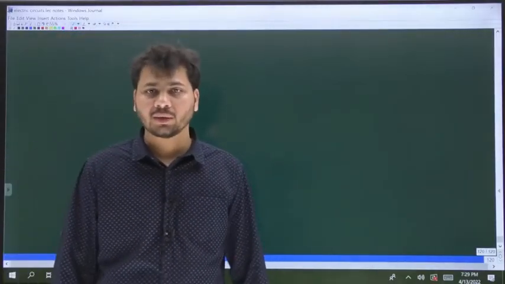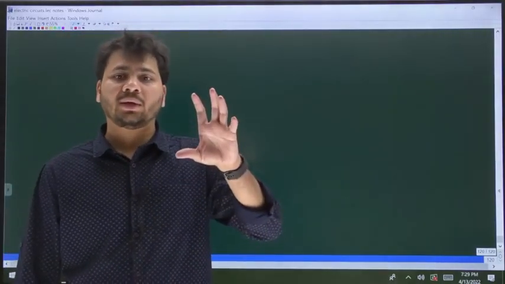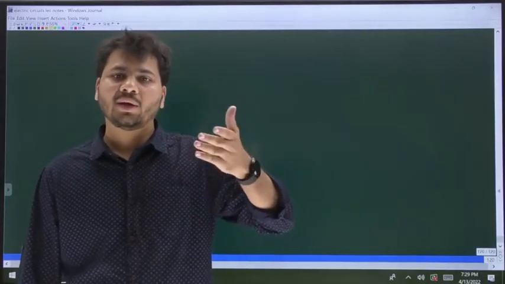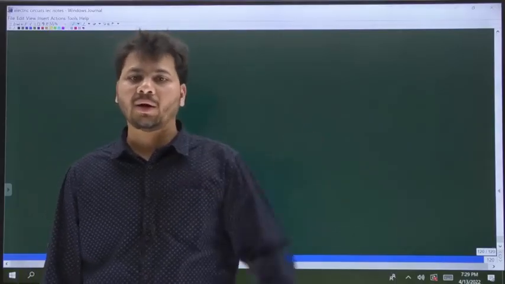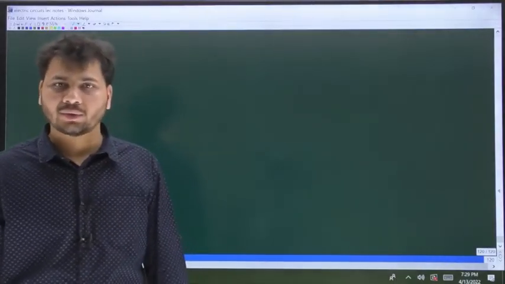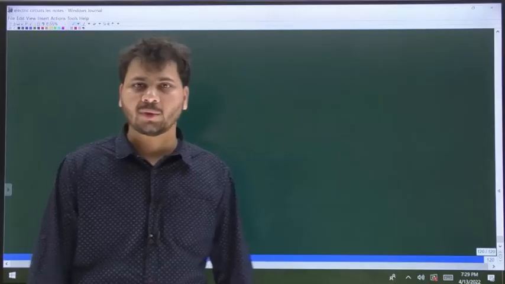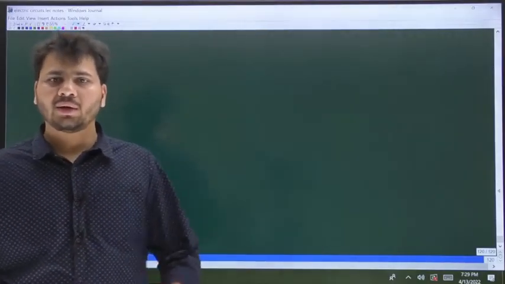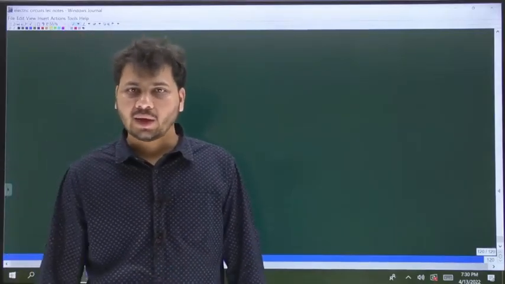This is very important. That is the fundamental difference between a resistor on one side and a capacitor or inductor on the other side.